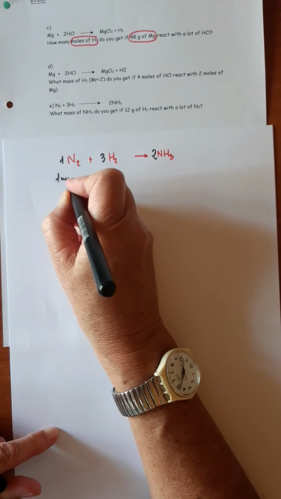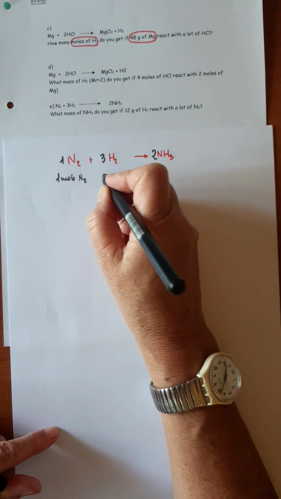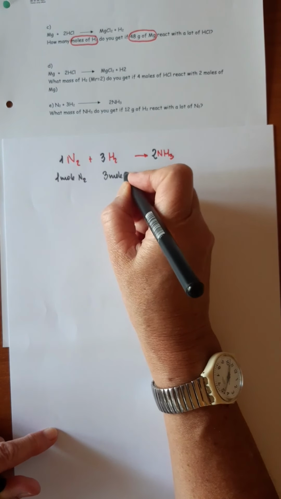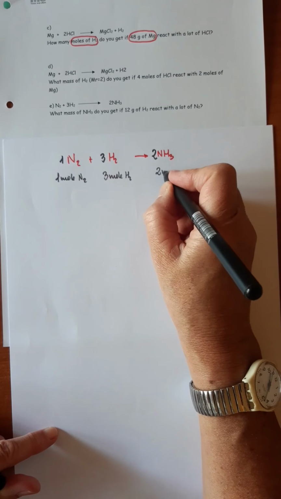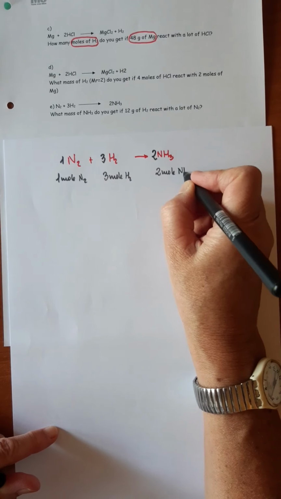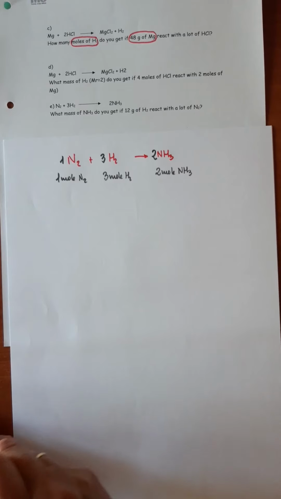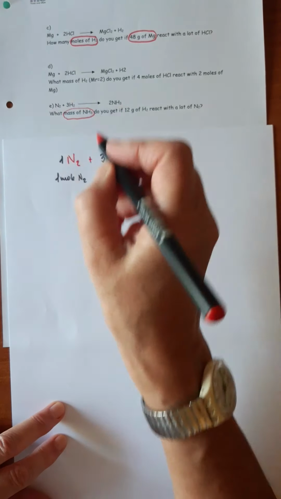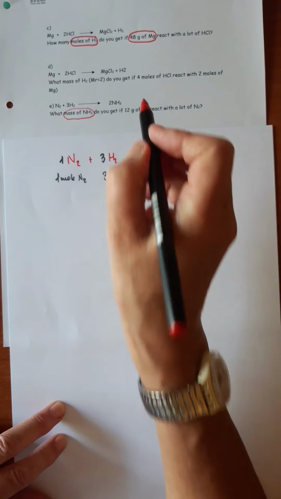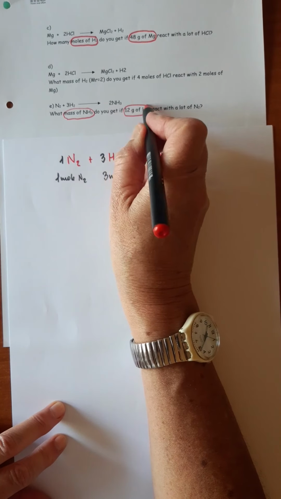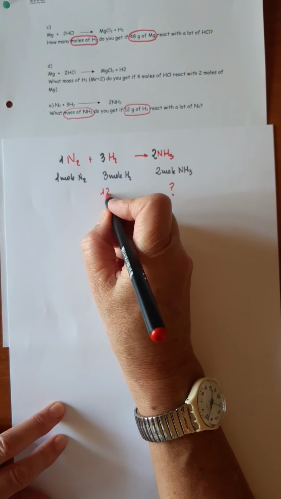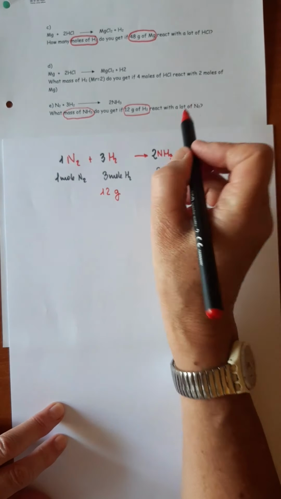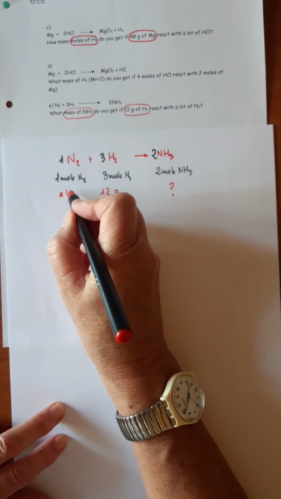So 1 mole of nitrogen reacts with 3 moles of hydrogen to get 2 moles of ammonia. Question: what mass of ammonia do you get if 12 grams of hydrogen react with a lot of nitrogen?